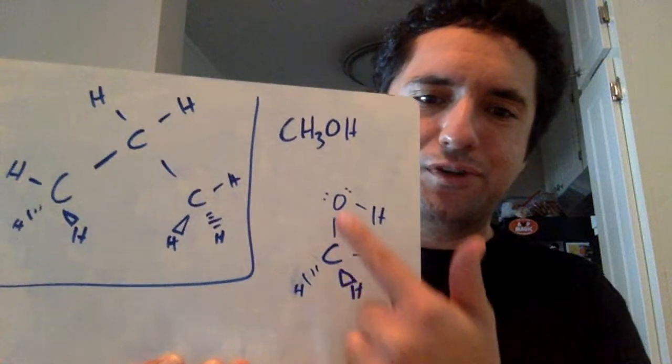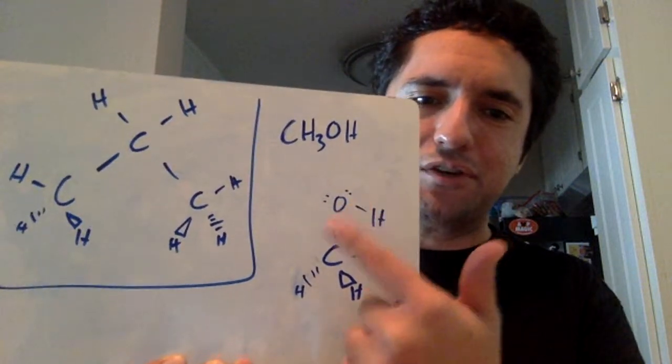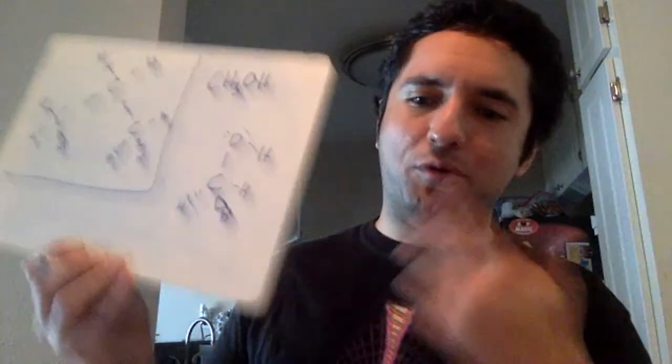It's tetrahedral here, but then it's a bent structure up here. So sometimes they have more than one structure within them. Let me know if you guys have any other questions or anything like that, or if you want to see any other examples.